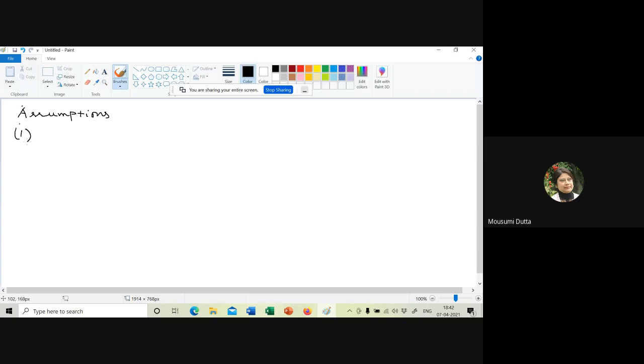First assumption: expectation of ui is equal to 0.